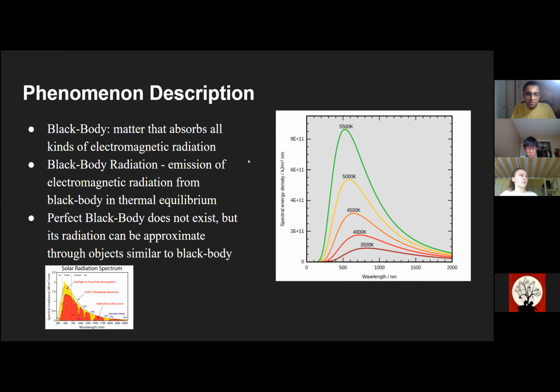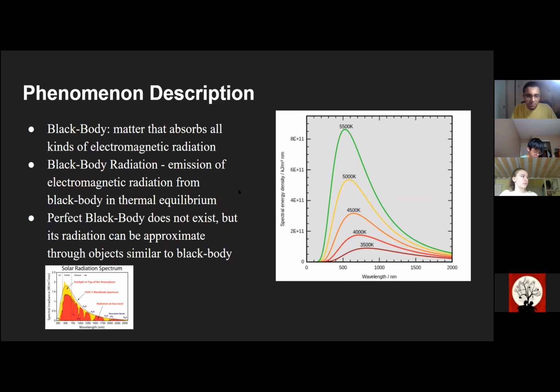Basically, in every spectrum, this thing is completely black. It can absorb literally everything, but that doesn't mean it will not give out radiation; it just eats every radiation that comes onto it. So blackbody radiation is the emission of electromagnetic radiation from a blackbody. Basically, it eats in, but then it spits out something.